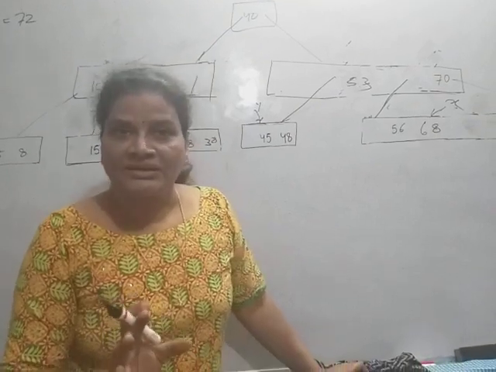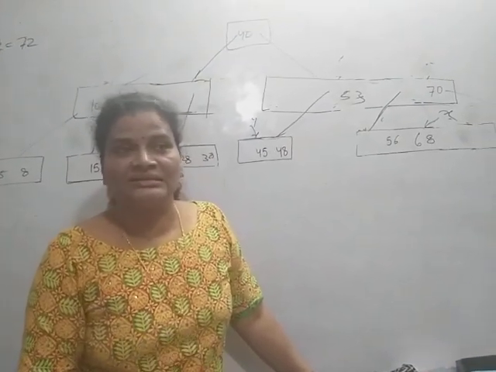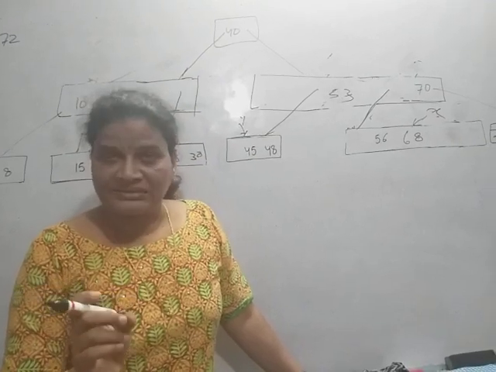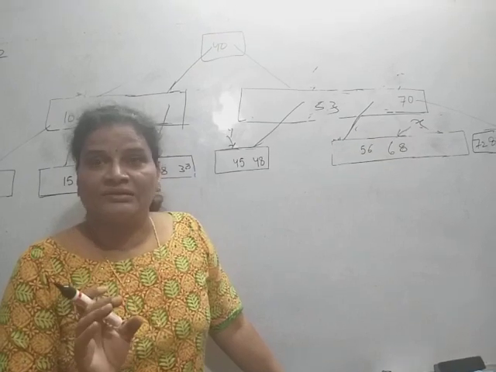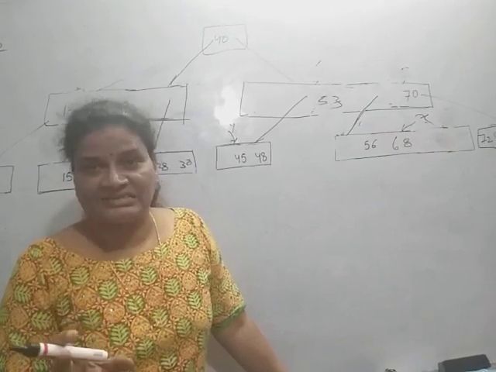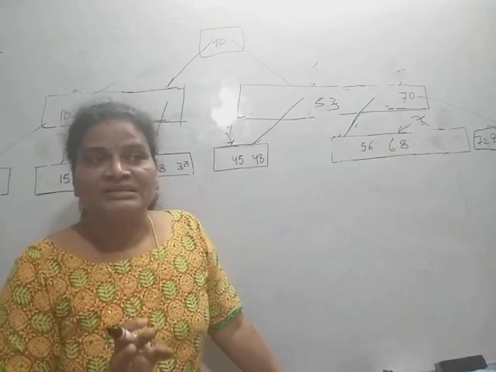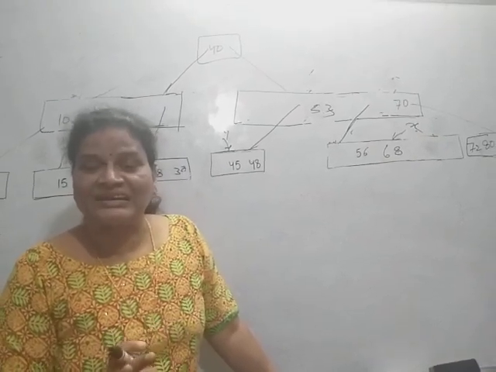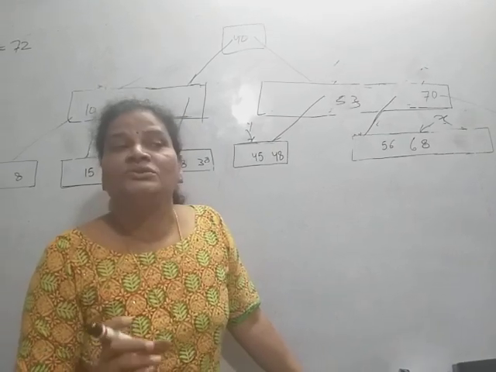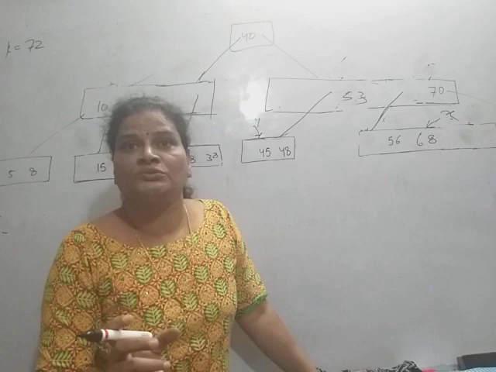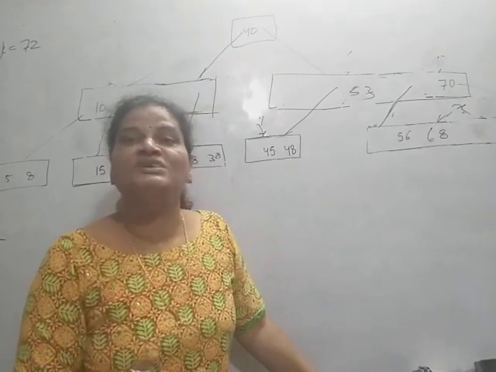Now I will tell you the height of the tree. As I told earlier, the degree of the B tree can be very large. The degree of the tree decides the branching factor, and because the B tree is designed for secondary storage devices where the bulk of data is stored, the degree of the tree can be equal to the size of one sector of the hard disk, or one page or block.